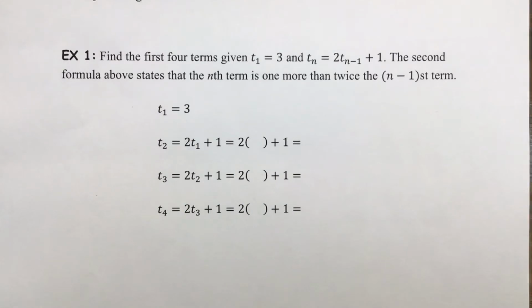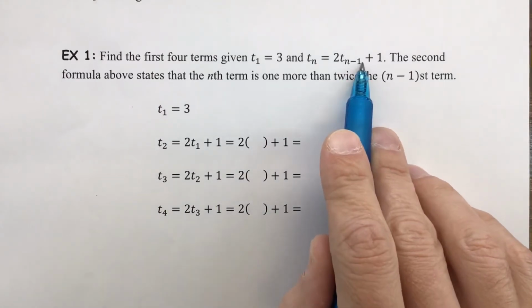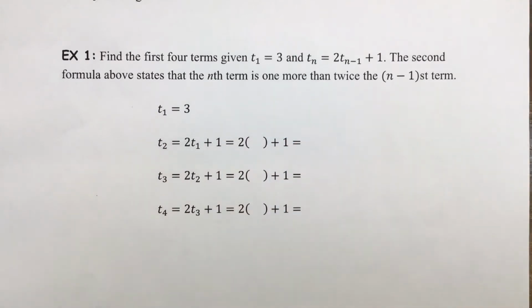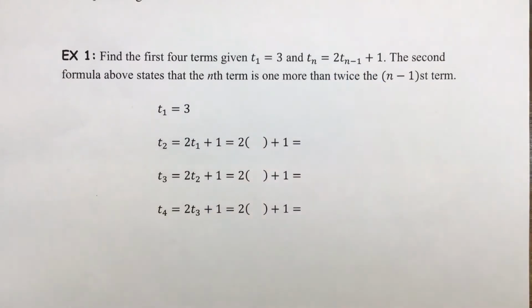Example 1, we're asked to find the first four terms given T1 as 3 and Tn as 2 times Tn minus 1, plus 1. So what we have here is a recursive definition because we're using Tn minus 1 to generate the next term Tn. This recursive definition tells us that we have to take the preceding term, multiply it by 2, then add 1.